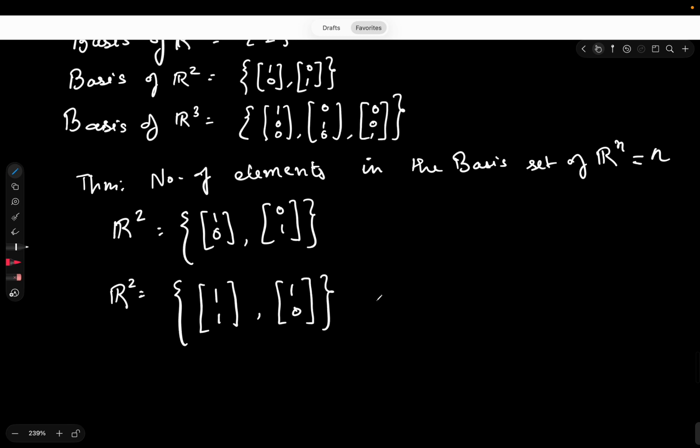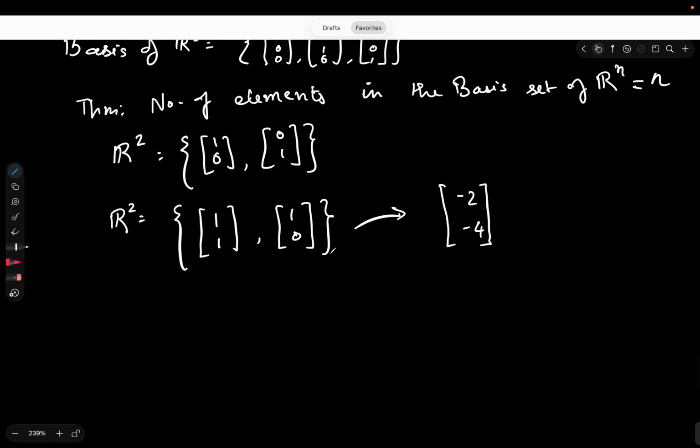If we take an arbitrary point, let's take -2 comma -4, suppose we want to obtain this point from these two. With the standard basis we would have done -2 into 1 0 plus -4 into 0 1.